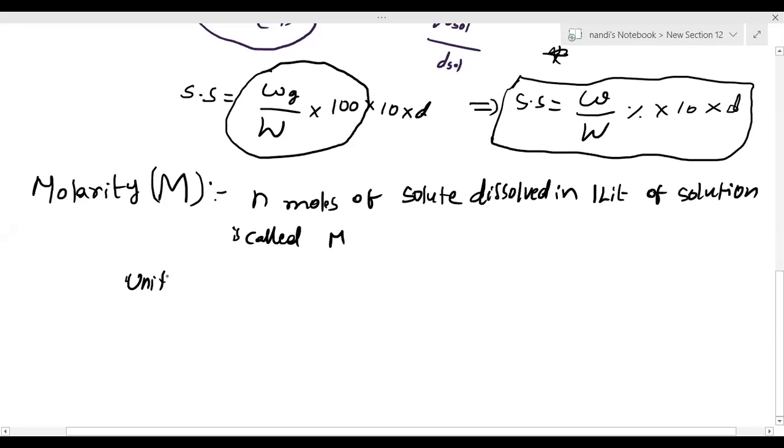Units equal to mole per liter. It is temperature dependent.